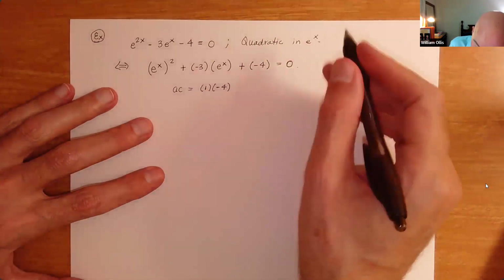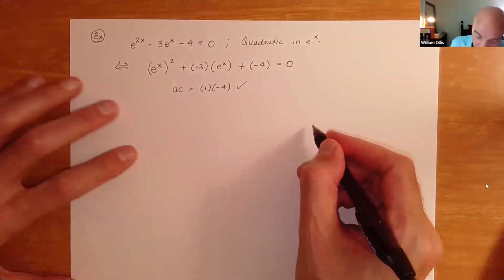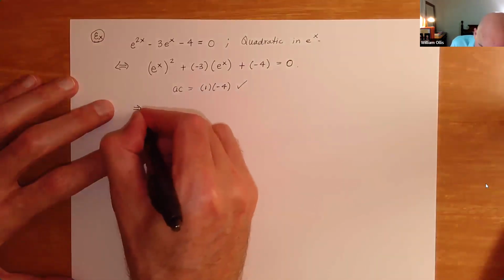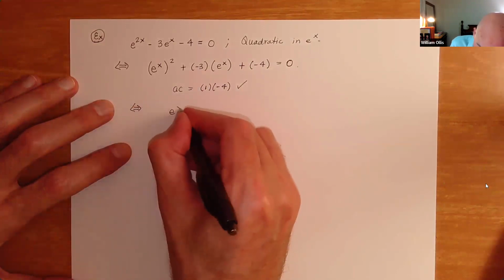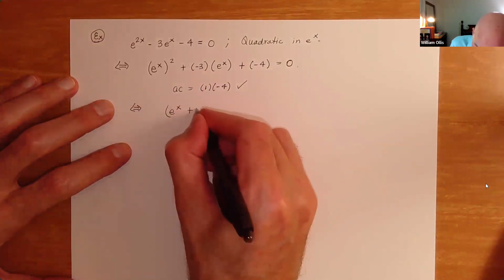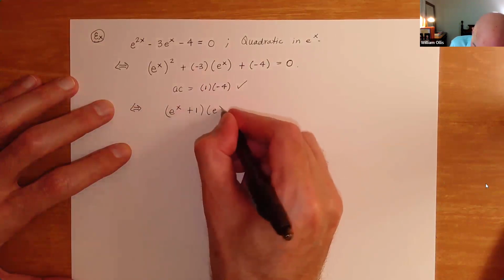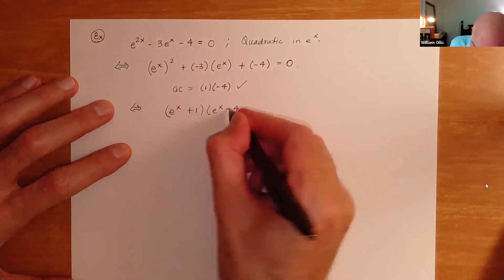So this factors by the AC method, and that's good. So equivalently, we'll go ahead and factor that way. So we have e to the x plus 1 times e to the x minus 4 equals 0.